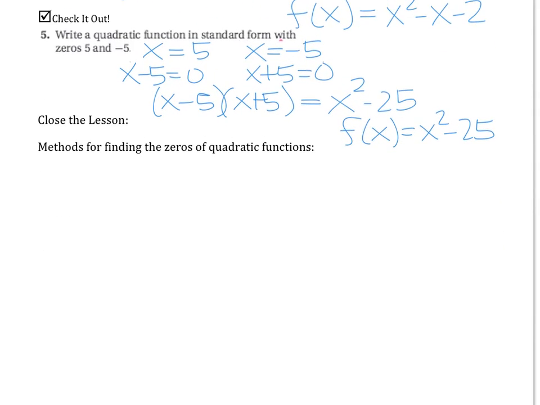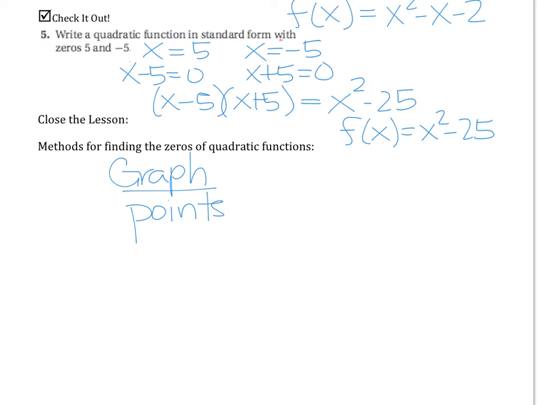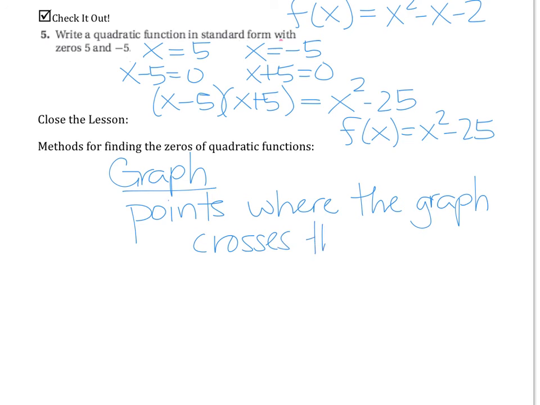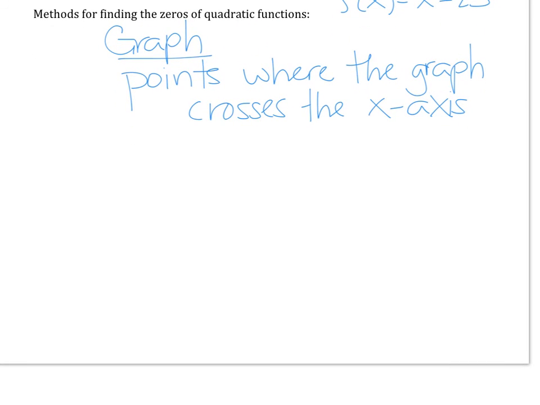So closing this lesson, methods for finding the zeros of quadratic functions: graphing, and it's the points where the graph crosses the x-axis. And then factoring.